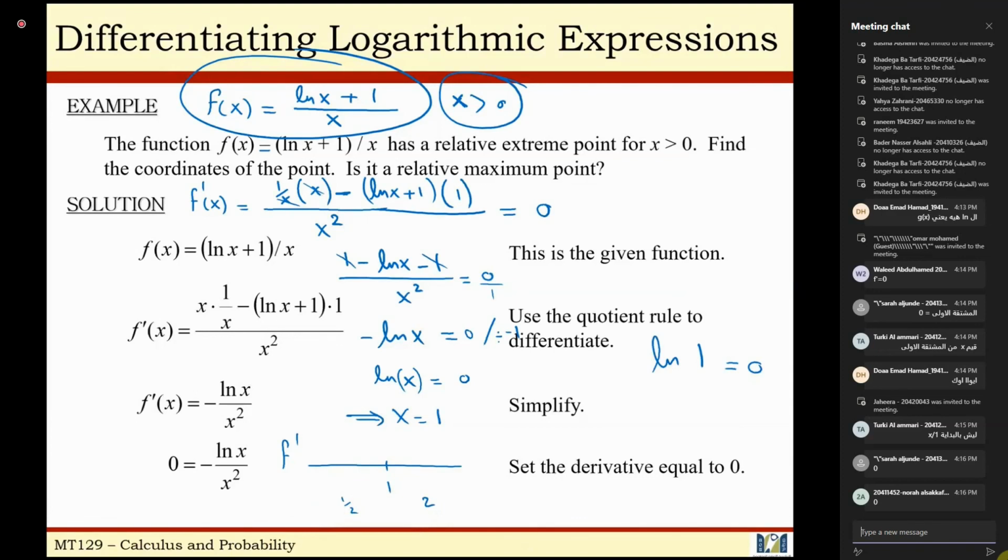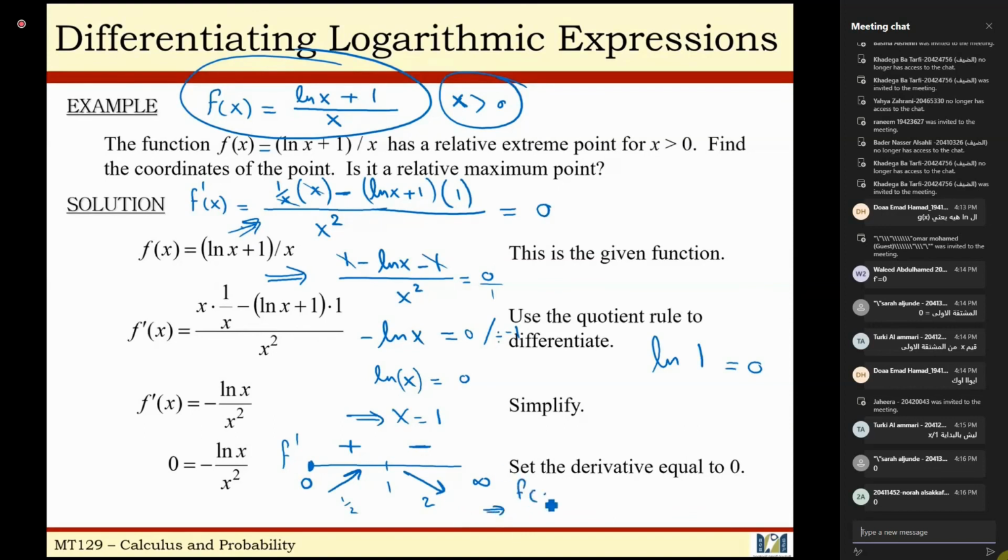When we take a half, if we substitute here, you found this is positive. Substitute 2, you can find the f prime negative. So we have maximum for the function.